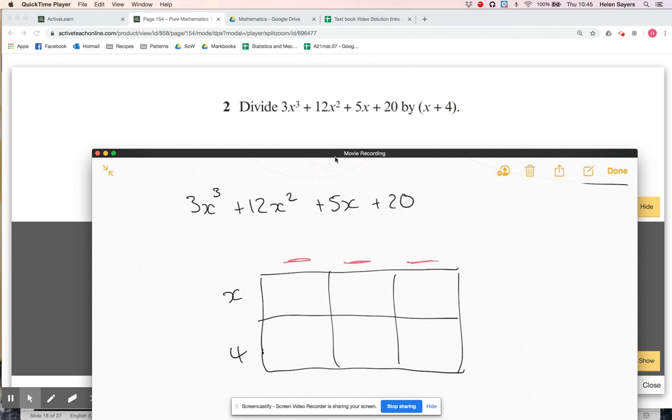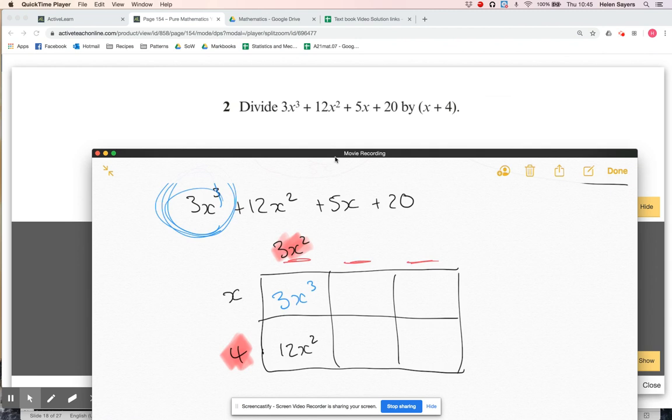That's what I'm expecting if I divide a cubic by a linear expression. So this box here is going to be my only cubed term, and I know that that needs to equal 3x cubed. So for that to equal 3x cubed, that must be 3x squared, so that that times that gives me that. Okay, so if that is 3x squared, then that times that is going to give me 12x squared.